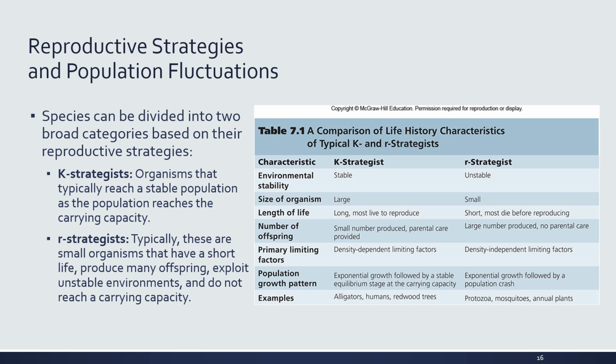Okay, so why do we need to know a K strategist? Let's say you're looking at harvesting or hunting a K strategist. You have to be very, very careful with how you harvest these because there are going to be very few young, and the young are supposed to live a long time.